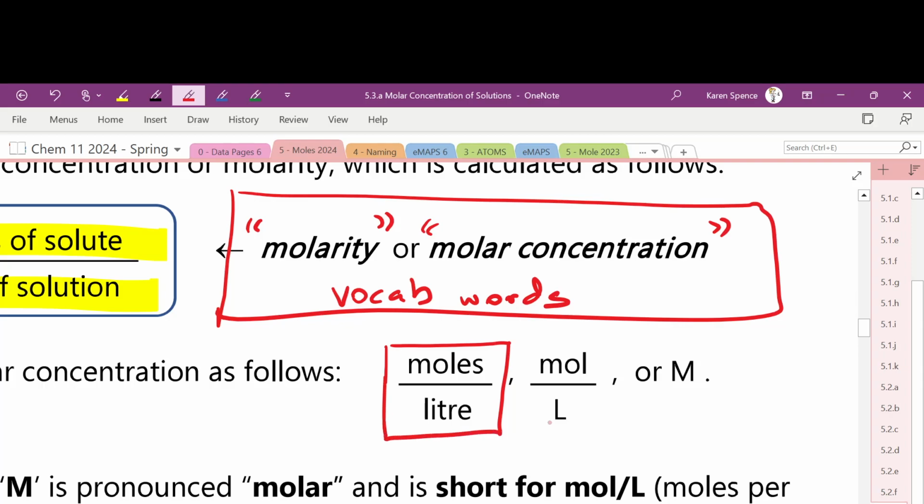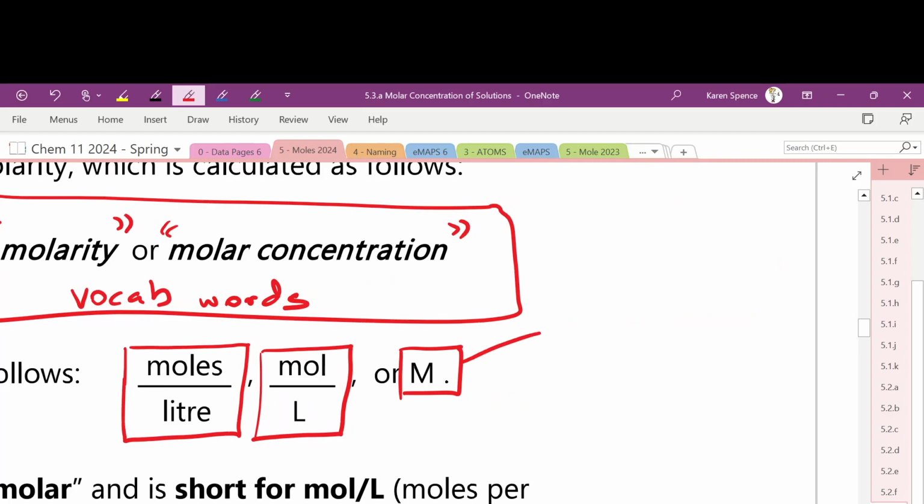We can write it out abbreviated, mol over L, or we can use the shorthand version, which is written as capital M. And the capital M hides a combo unit of moles and liters.